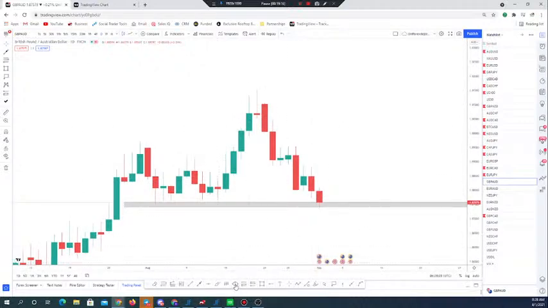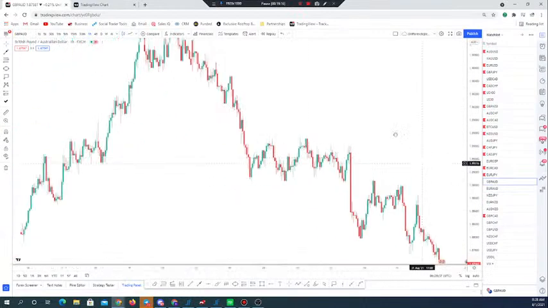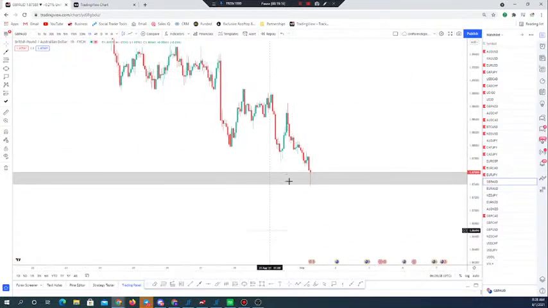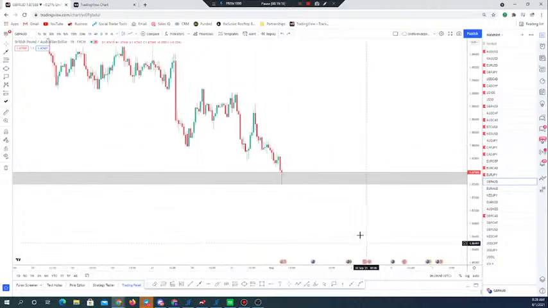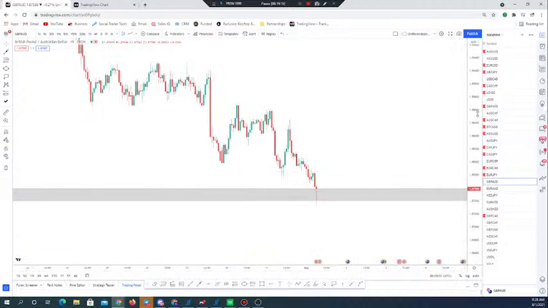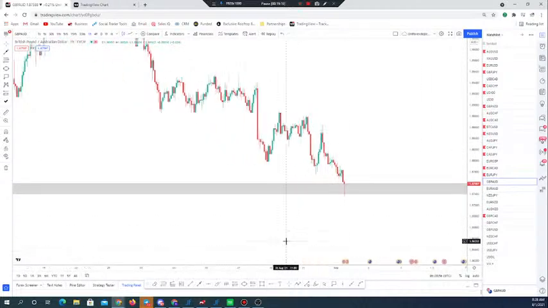We see this nice level dropping down, so I'll probably want to find an area to drop down from, and also watch what price does in these areas in the lower time frame. In this area you can see what the rejection candle is showing us on the hourly, so I'll probably also want to watch what it does on the lower time frames. But over and above, we are looking at a bearish move and watching this area.